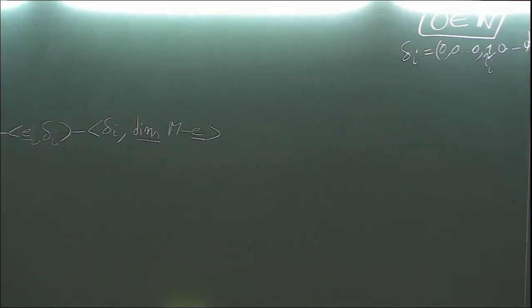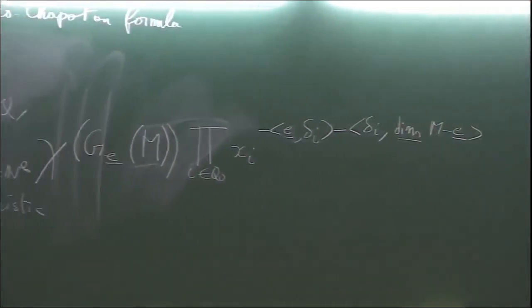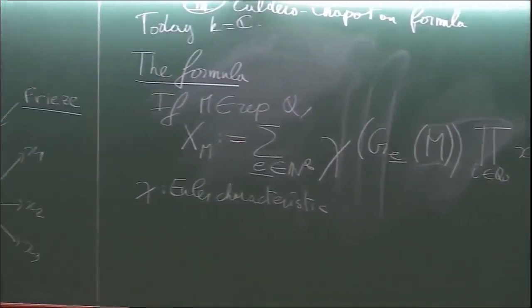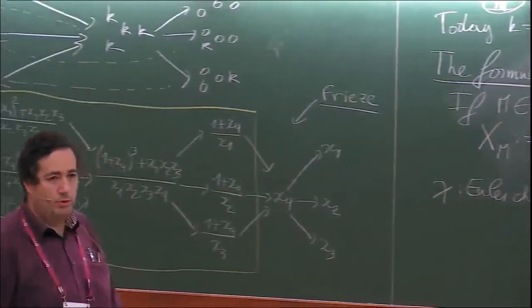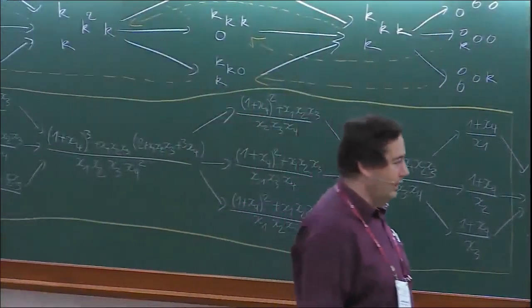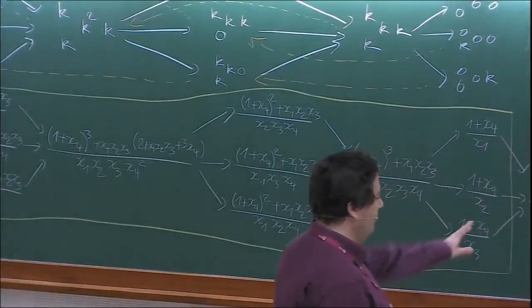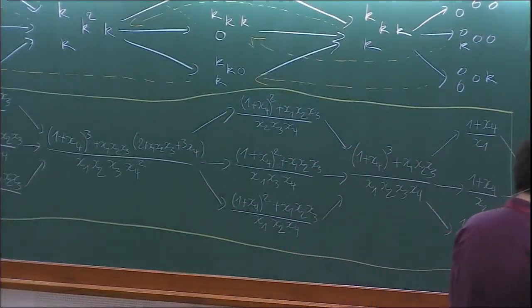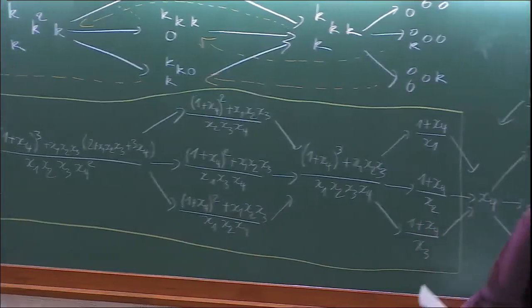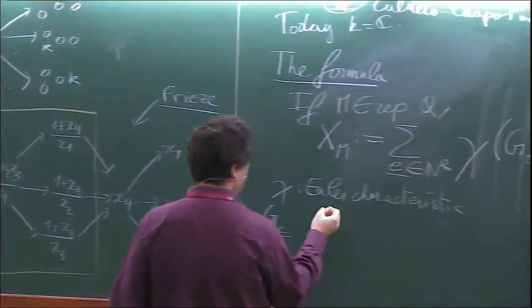And for those who are more geometers and who wonder which one, okay, we are over C, so it's well behaved. Most of the things that you know, you can take just the Euler characteristic with coefficients in C. If it's not C, you can do some more fancy things, but I'm not so aware of them, like using étale cohomology, and I will not speak about that. So we take chi, the Euler characteristic, and we take some word you already heard about.